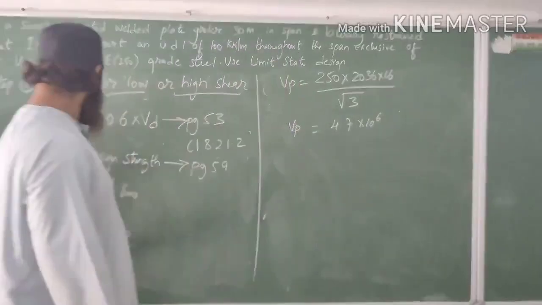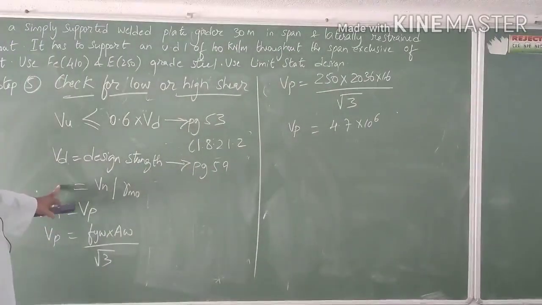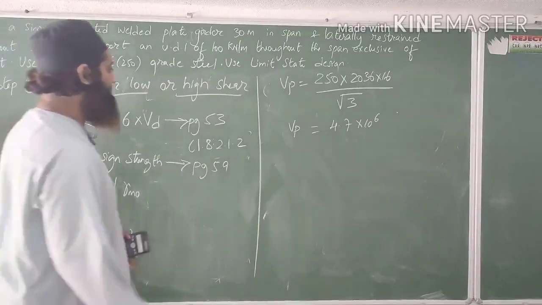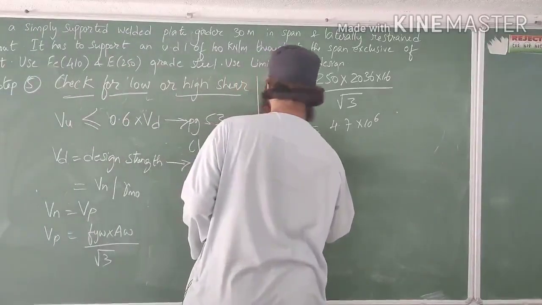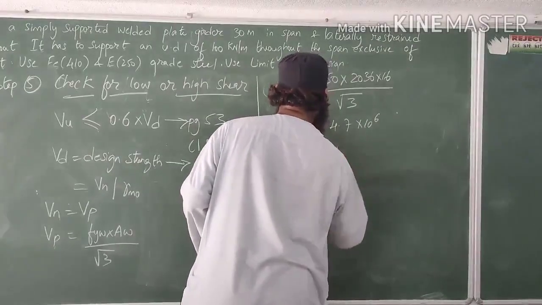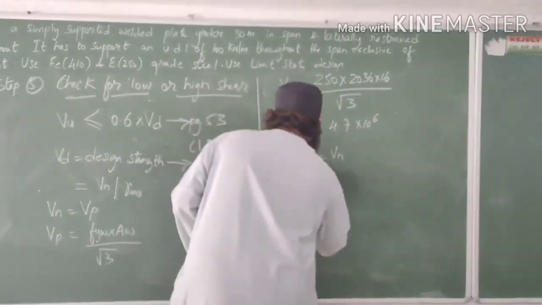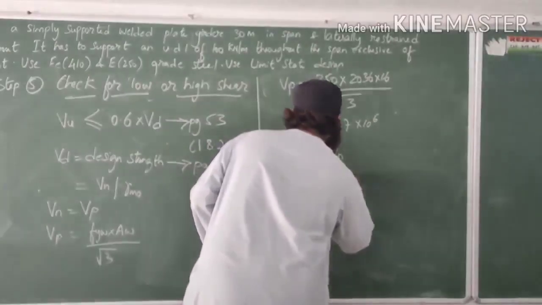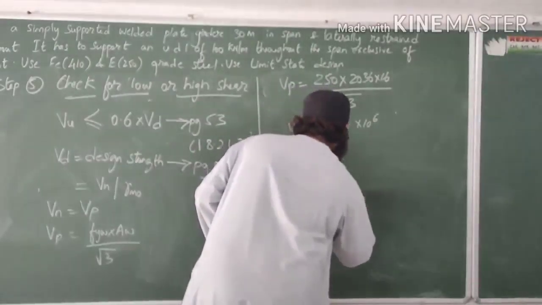Now Vp is Vn, but Vd is equal to Vn by gamma m0.